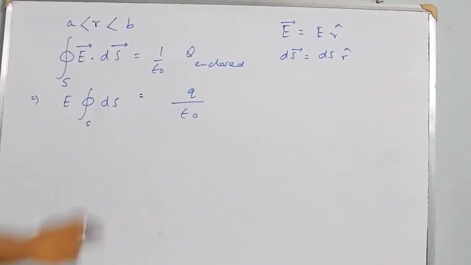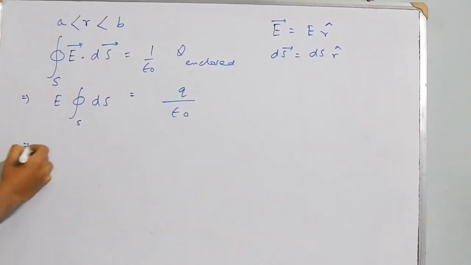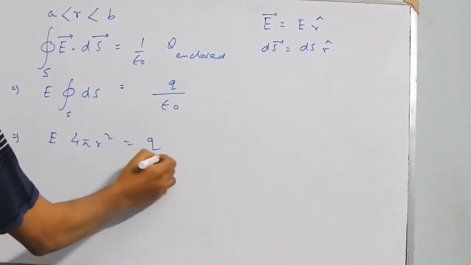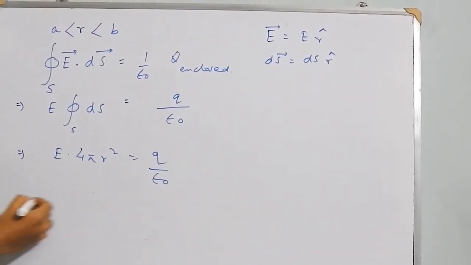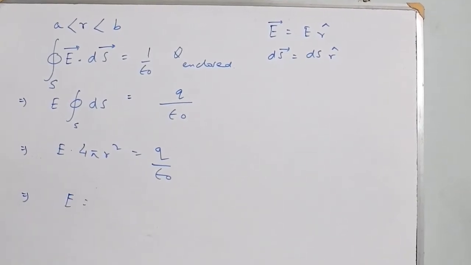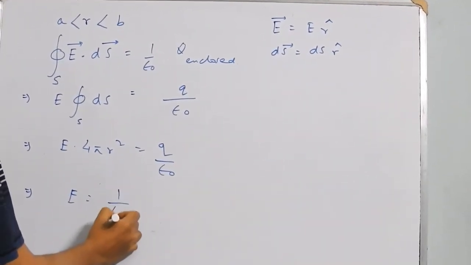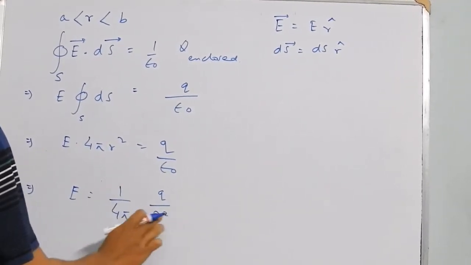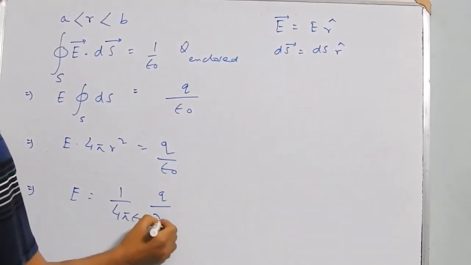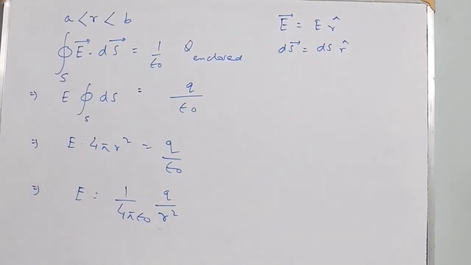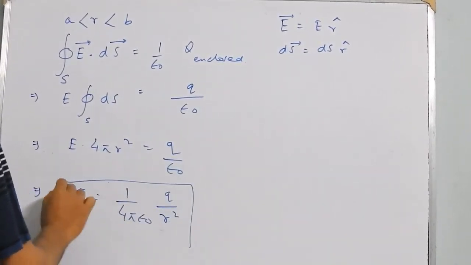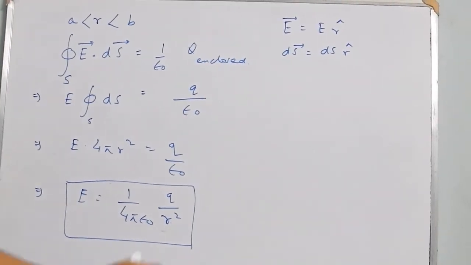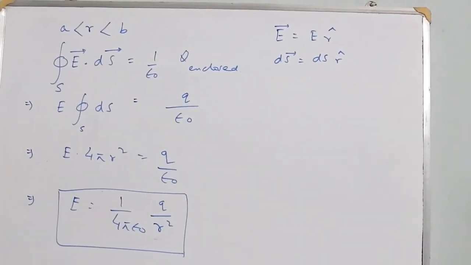The Gaussian surface is of radius r, so its surface area will be 4 pi r square, equal to q by epsilon 0. So the electric field in the region between the plates is 1 by 4 pi epsilon 0 q by r square.